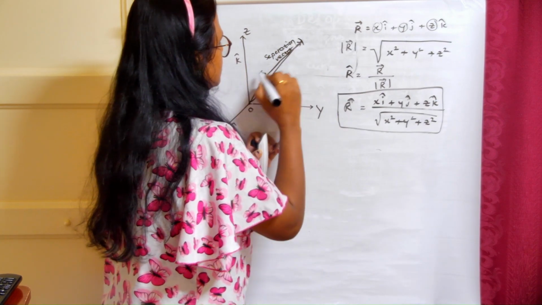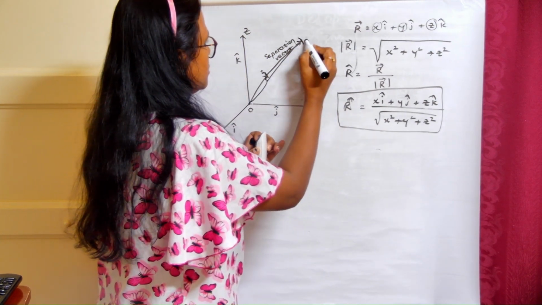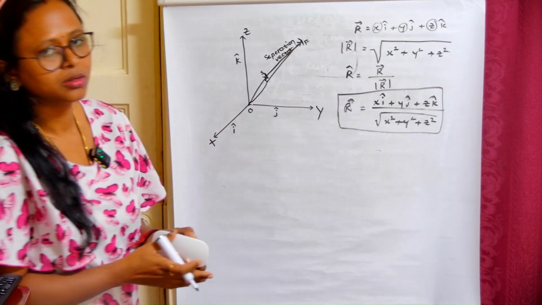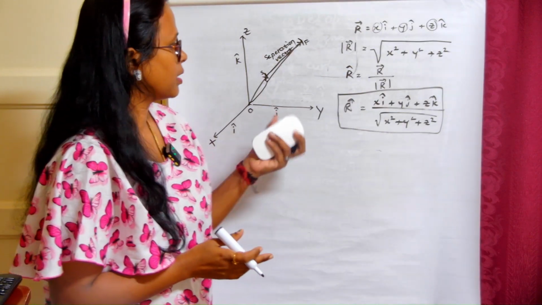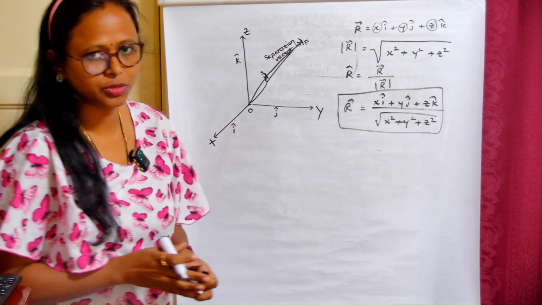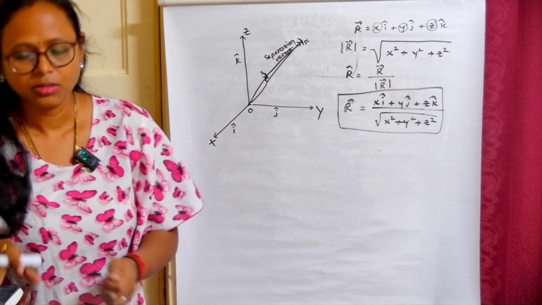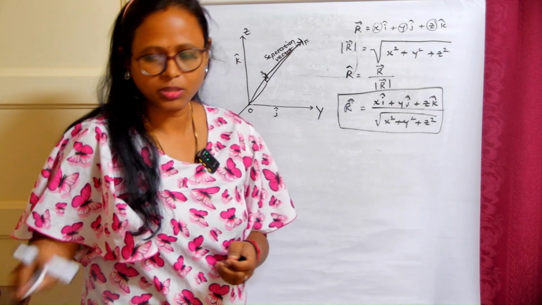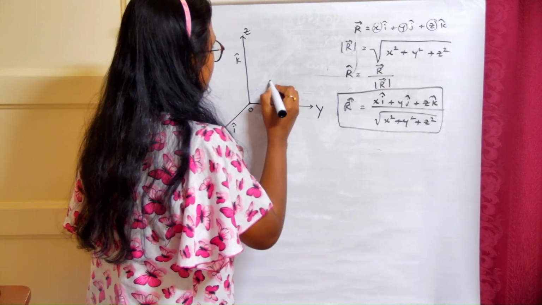Let me take this as the source point and this as the field point. So now we have covered what it means by source point, field point, and what is the meaning of separation vector. So now we will quantitatively define them.